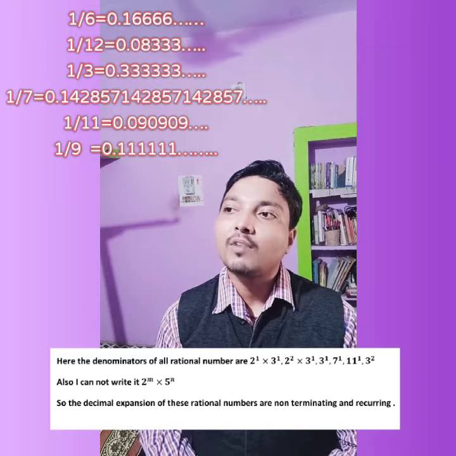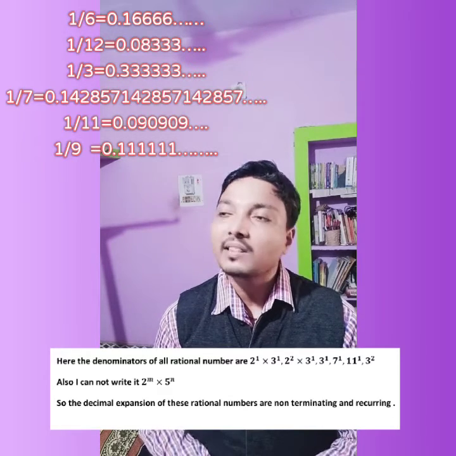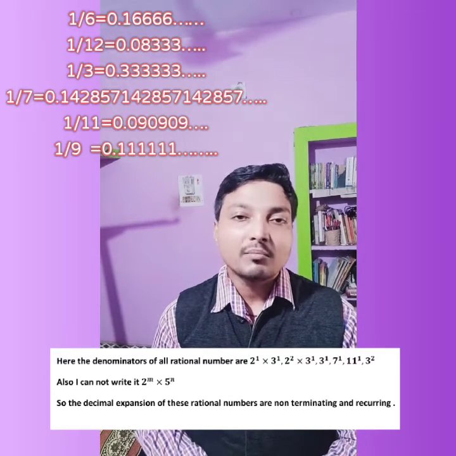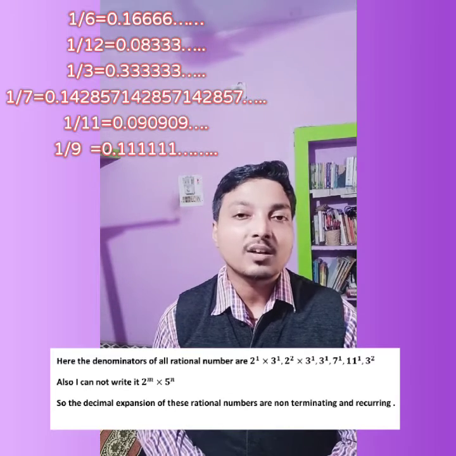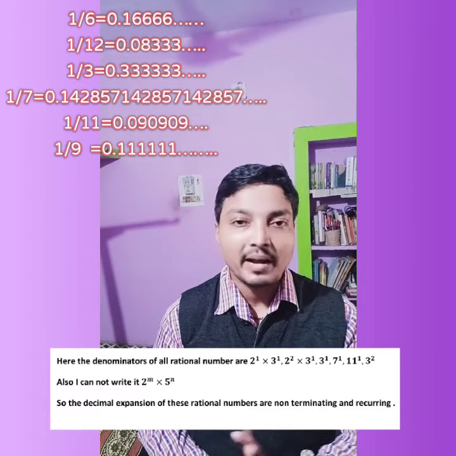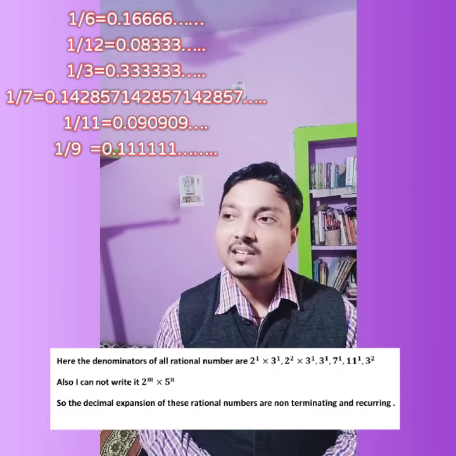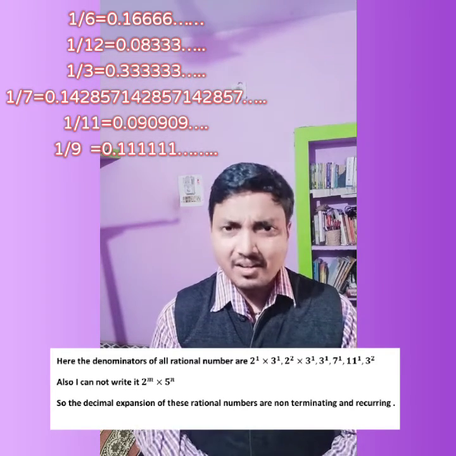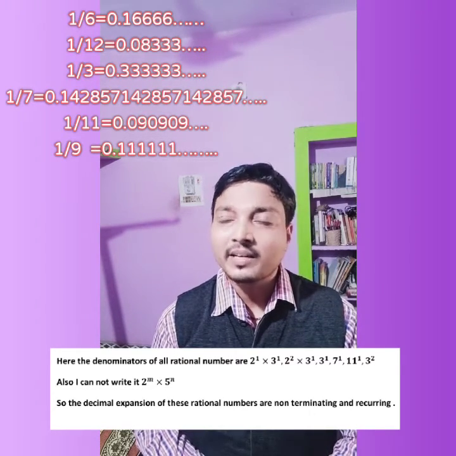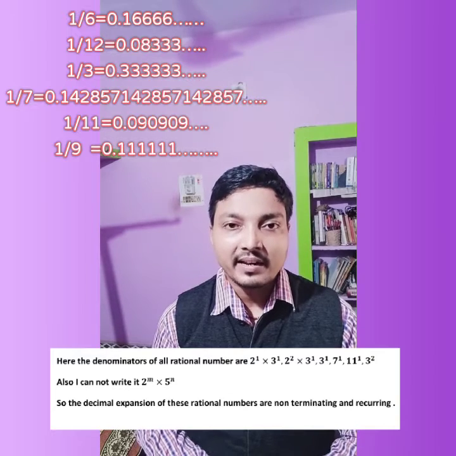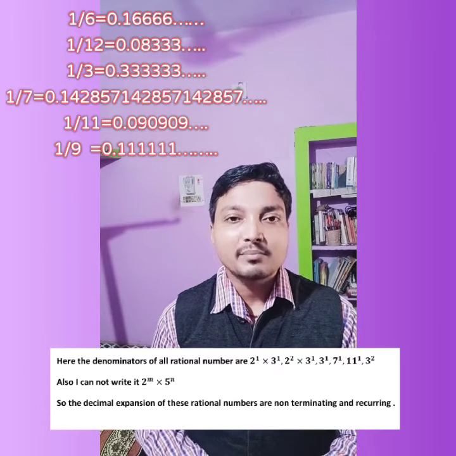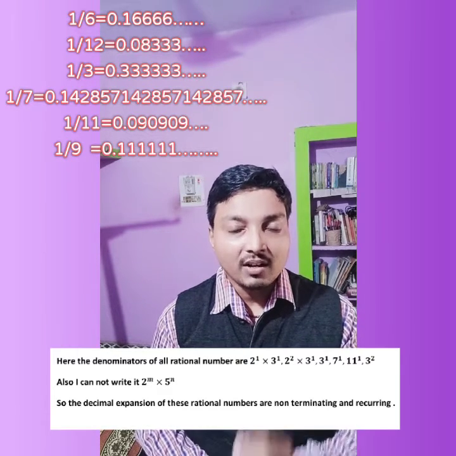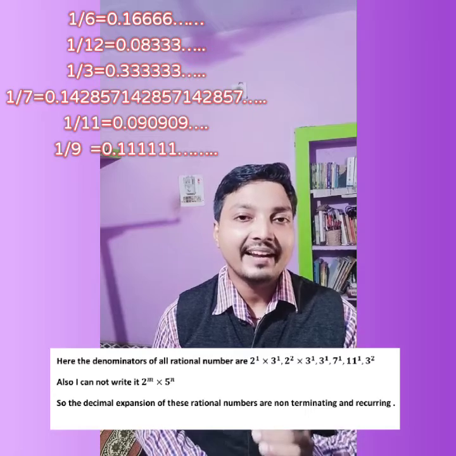It means from all these rational numbers, one thing is clear: their denominators are not written in the form of 2 to the power m into 5 to the power n. So whenever the denominator of a rational number cannot be written in the form of 2 to the power m into 5 to the power n, its decimal expansion will not be terminating, it will be non-terminating and recurring.